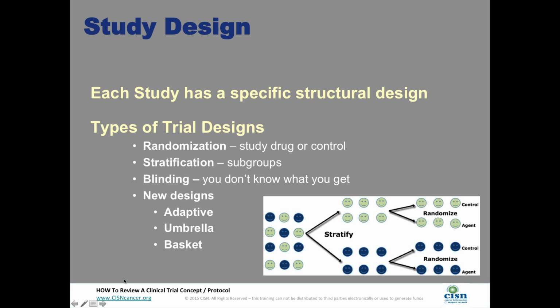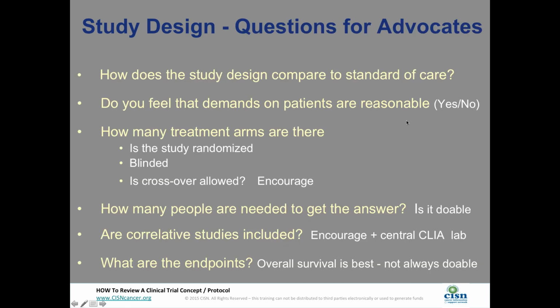But some of the types of designs are randomized, stratified, blinded. There's newer designs, the adaptive, the umbrella, the basket. All of those will be discussed by Patty, but it's in this section of the protocol where they talk about the study design. And here's the kind of questions that we would ask in that section.